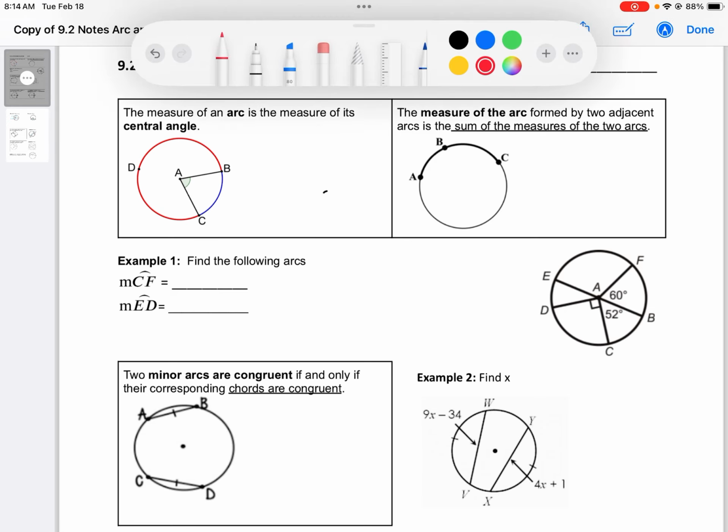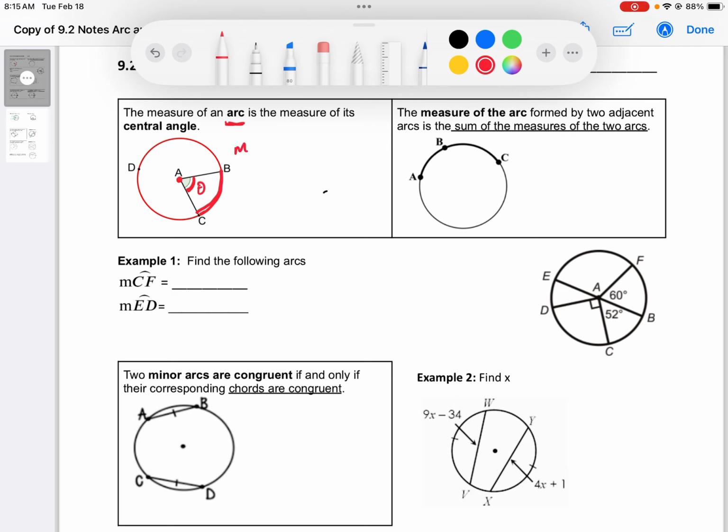Our first definition here says that the measure of an arc is the measure of its central angle. So see right here, I have a central angle, an angle whose vertex is in the center of the circle. Using that angle, we have the measure of the arc, okay?